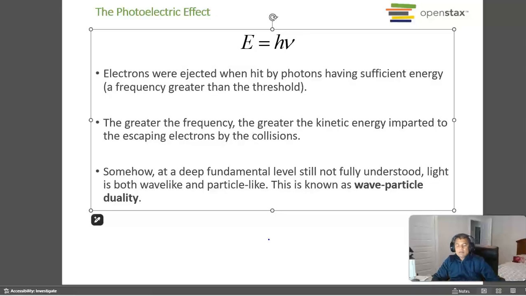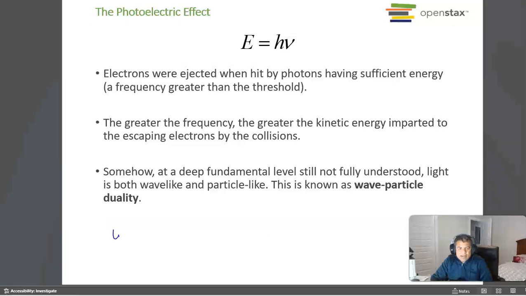Light can show interference and polarization, that's why it is a wave. And light can eject the electron, that's why it behaves like a particle. That's why light has wave-particle duality. Duality means it is both: it is a wave also, it is a particle also.